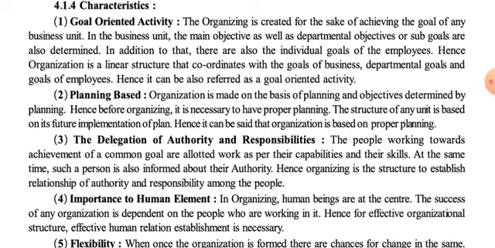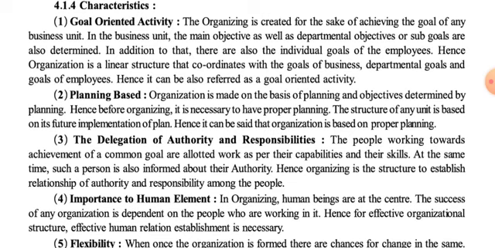In addition to that, there are also the individual goals of the employees. Hence, organization is a linear structure that coordinates the goals of business, departmental goals and goals of employees. Hence, it can also be referred to as a goal-oriented activity.